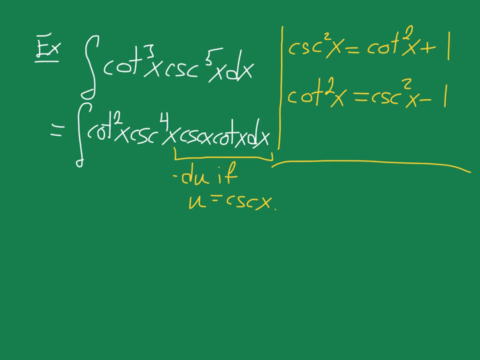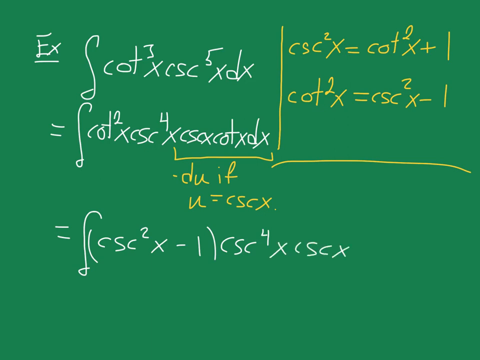Okay, so our next line, this is now equal to the integral of, rewriting that cotan squared x in terms of cosecant squared x, cosecant squared x minus 1 times cosecant to the fourth x, and then we'll have our leftover cosecant x cotan x dx. As we said, we've written everything else in terms of cosecant x.